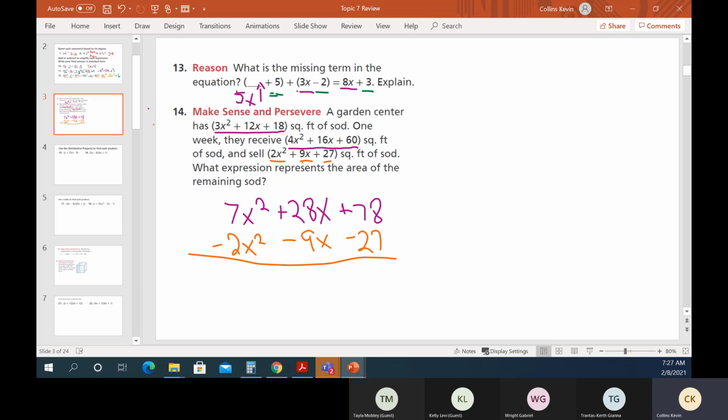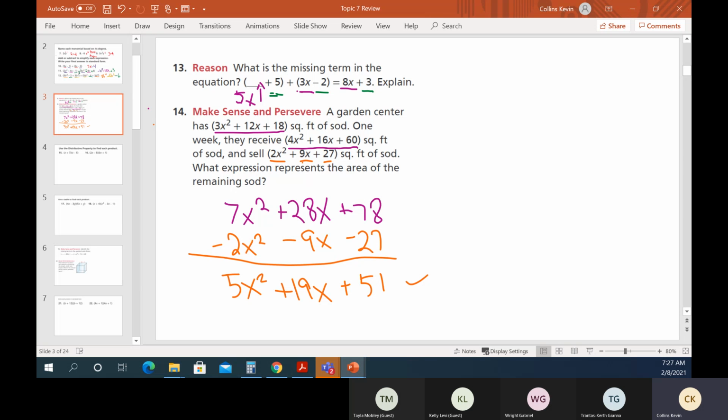So then we just subtract term by term, right? So I got 5 here because I've got 7 minus 2, so that's 5x squared. 28 minus 9 is going to be plus 19x. And then finally I've got 78 minus 27, so that's going to be plus 51. So there we go.